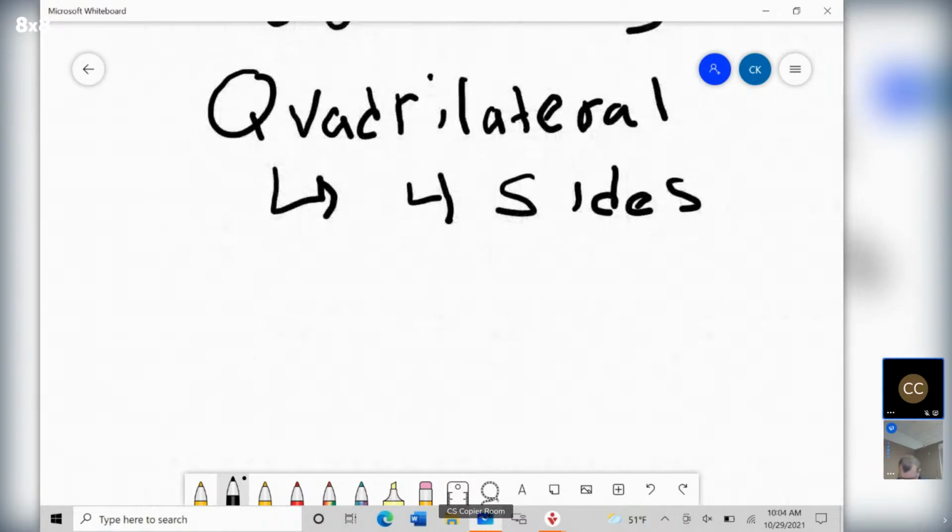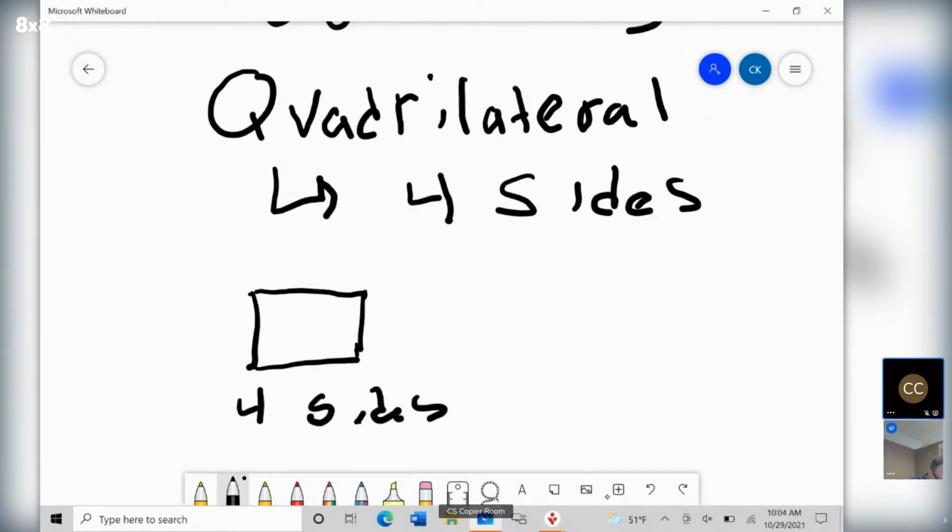First one I want to look at is the rectangle, and some of these you guys are probably familiar with. So a rectangle is going to look something like that, and what a rectangle is, it's a four-sided shape with two equal sides.